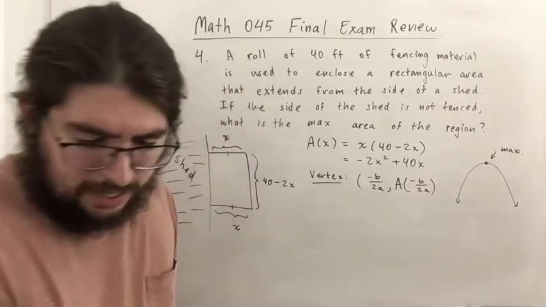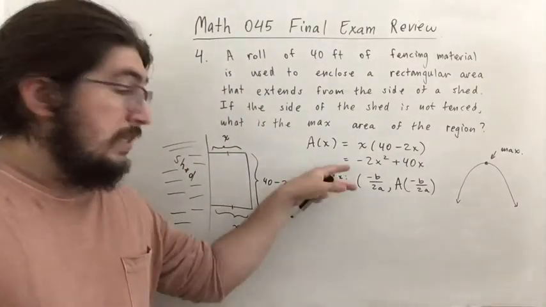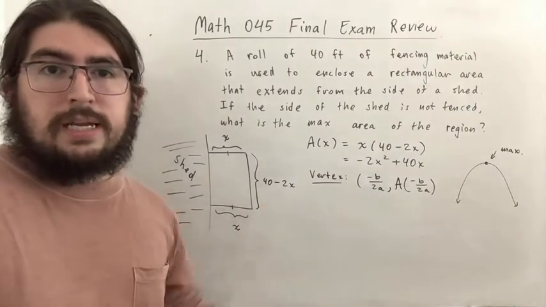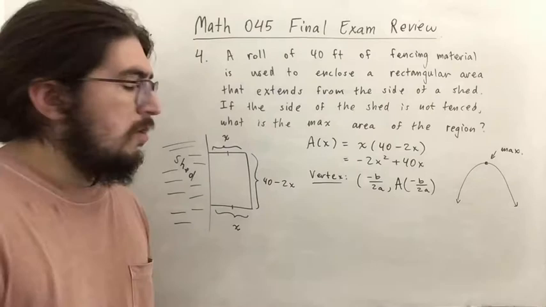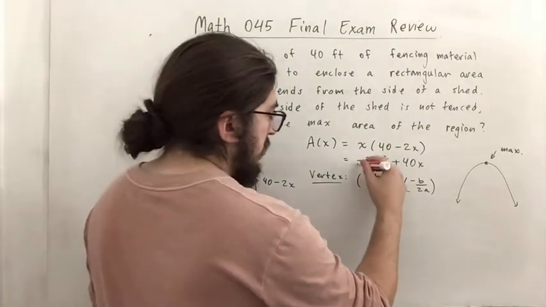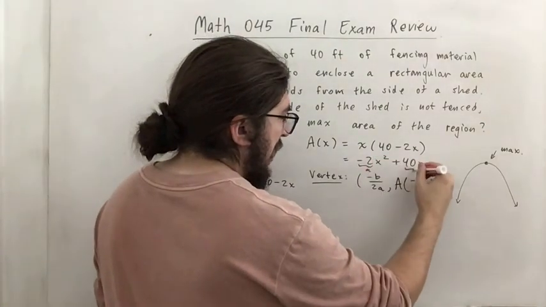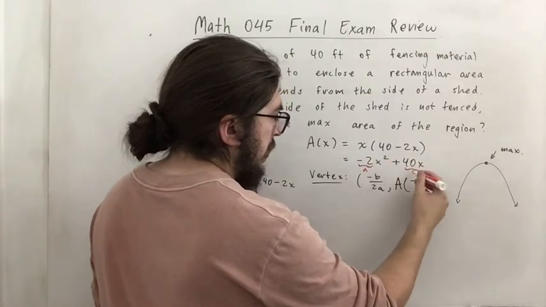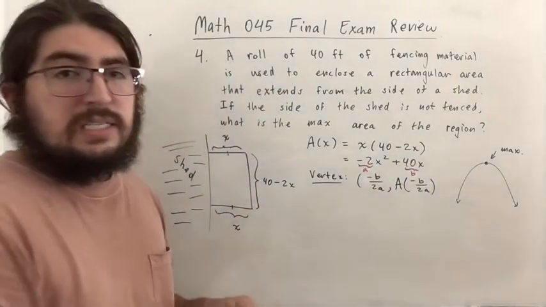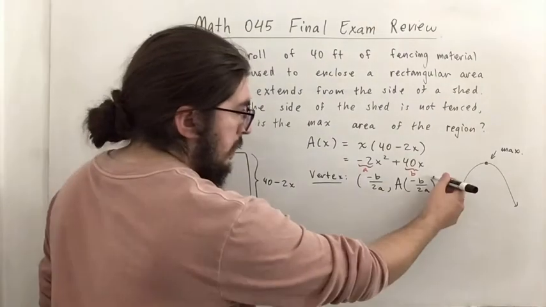So what's a and what's b? Well, this a and b comes from the ABC notation we usually use for quadratics. Kind of think of the quadratic formula. In other words, negative 2 is going to be a, and 40 is going to be b. So c is 0, but we don't even need c for this calculation. I need an extra parenthesis there.